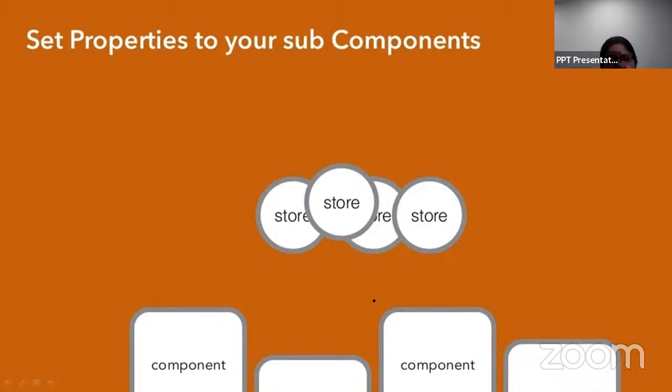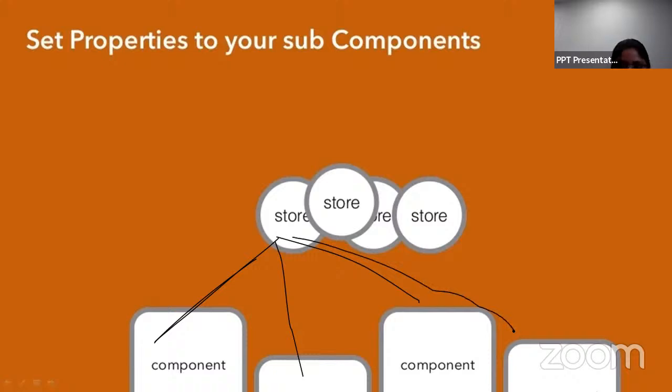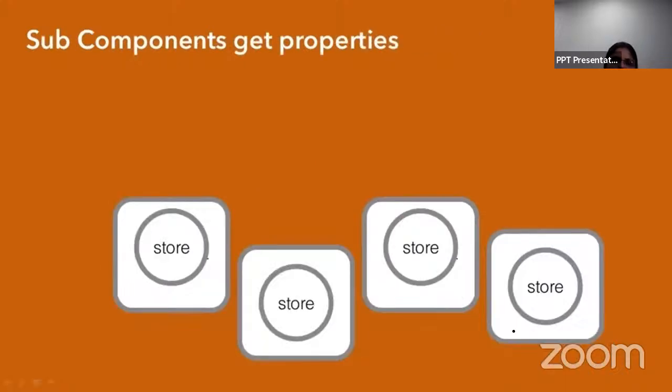And the advantage of such type of architecture is that whenever you want to fetch data from one store to all of the components, you can write one store and then implement it with the other components, and each component will get its own store with its own properties.